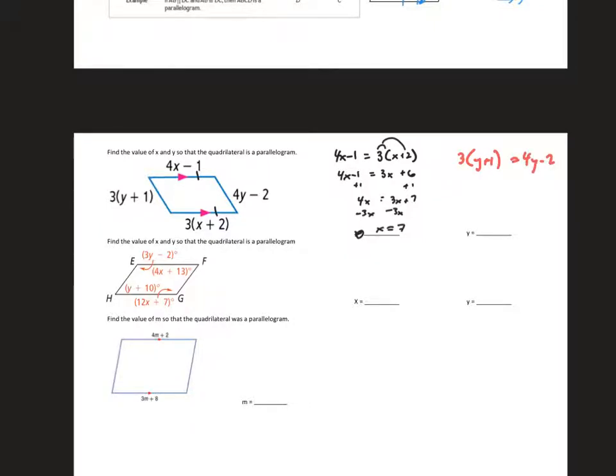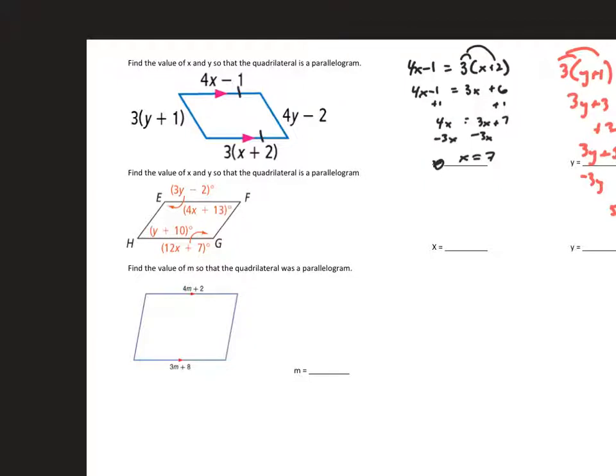I need to distribute first, so I get 3y plus 3 equals 4y minus 2. I'm going to add the 2 to both sides, so I get 3y plus 5 equals 4y. I'm going to subtract the 3y from both sides, and we get that 5 is equal to y. So x was 7, y is 5.